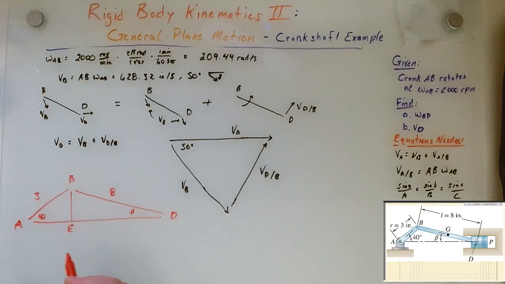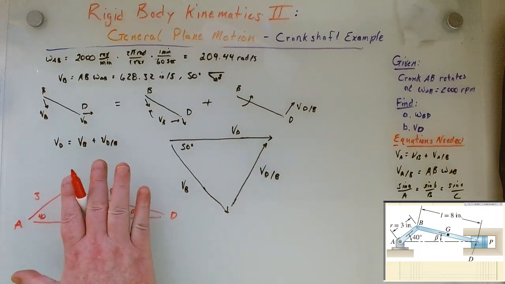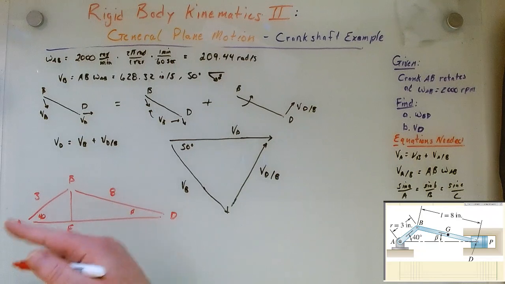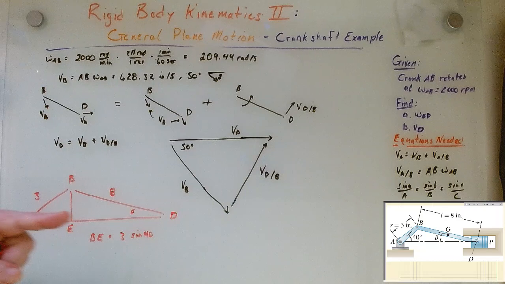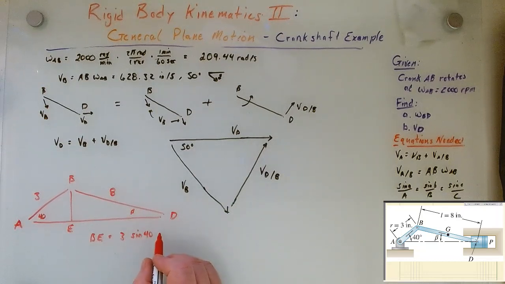What we can say is, if we look from this side to that way, then BE is equal to 3 times the sine of 40, right? Similarly, if we cover this part and look that way, then BE is also equal to 8 times the sine of beta.